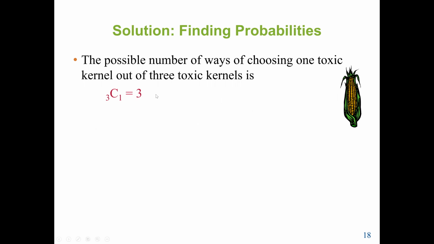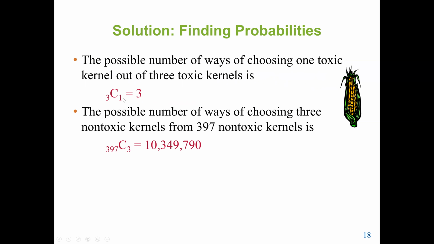So here we have to do combination. Selecting corn, the kernels are the same. If we have 3 people for the same position, then it's combination. Different positions, permutation, order. So here we have 6, 3, and 1.